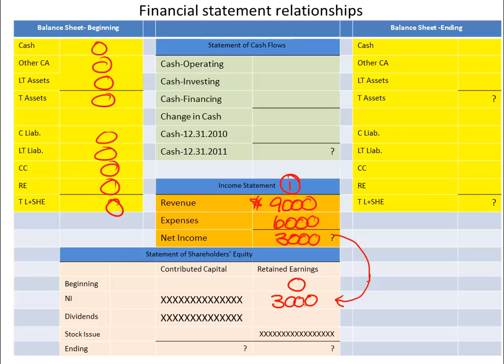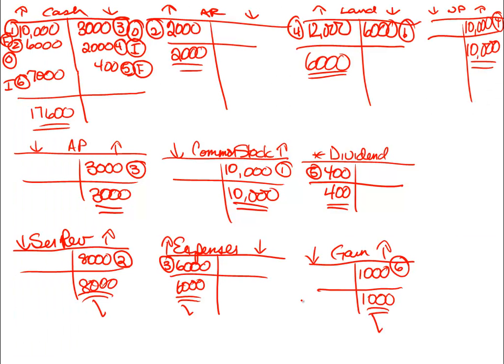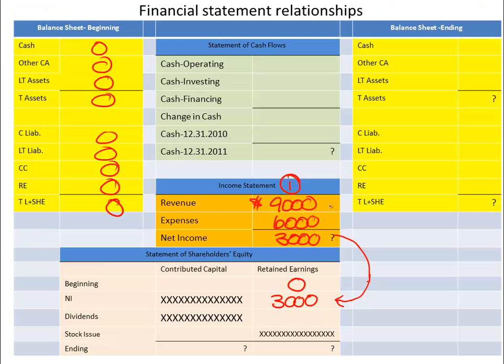Net income is reduced by any dividends paid, and notice we had dividends of $400. To find out how much of the earnings were retained in the business, it's the difference between the net income for the first year and the dividends paid, or $2,600. And that $2,600 ending balance in retained earnings flows to the balance sheet.